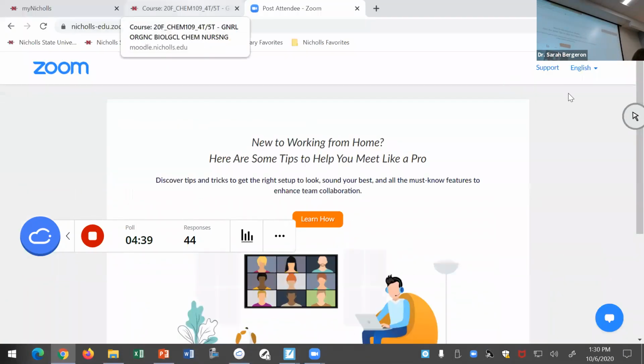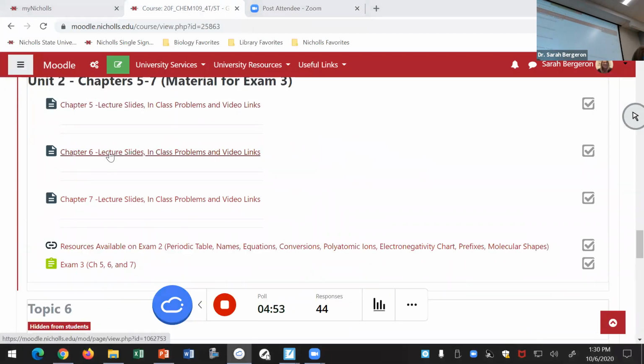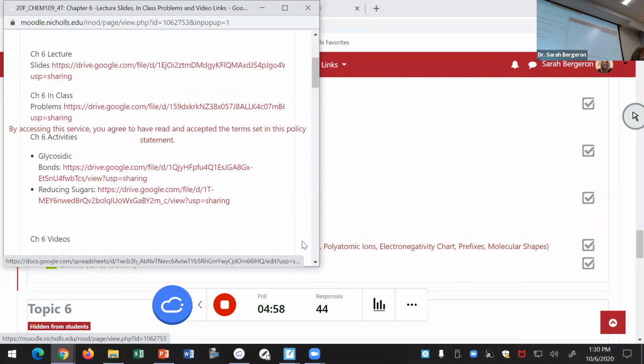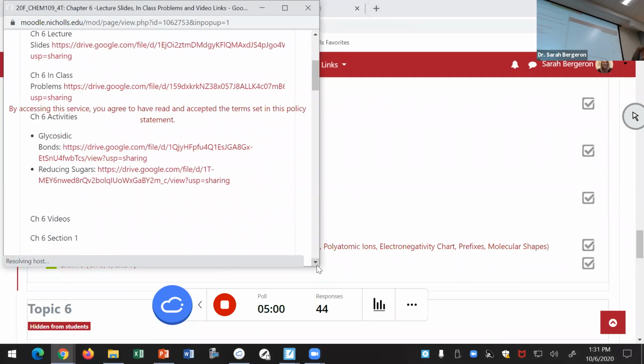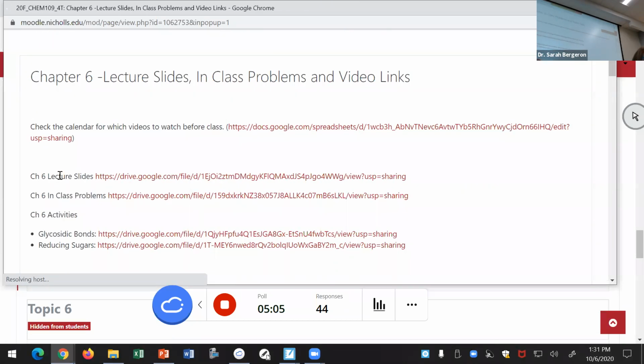So for Thursday, we're gonna do our regular. We're gonna finish the in-class problems that we normally do, but you're gonna need one more thing for Thursday. If you go to Moodle and you go to chapter 6, right under the red statement, you see lecture slides, in-class problems, and then you see chapter 6 activities, glycosidic bonds and reducing sugars.